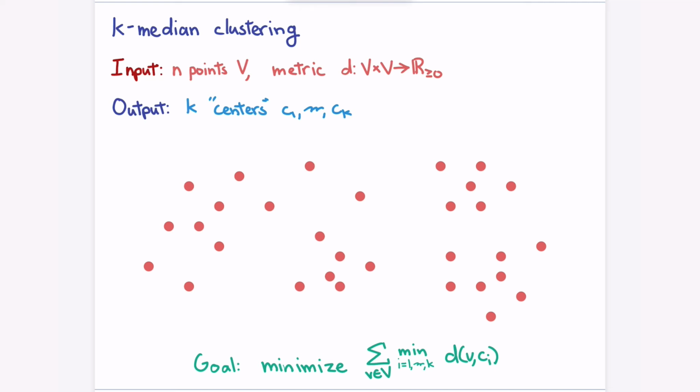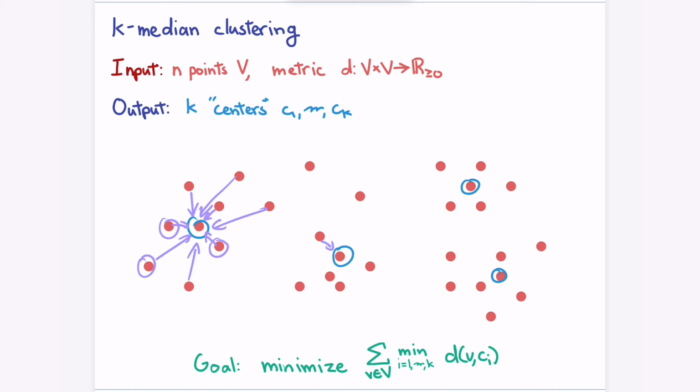Maybe you choose this one and this one and this one. For every point, you look at the nearest center, and that's the price you pay in distance. So it's the sum of distance to the nearest point. That's the k-median problem.